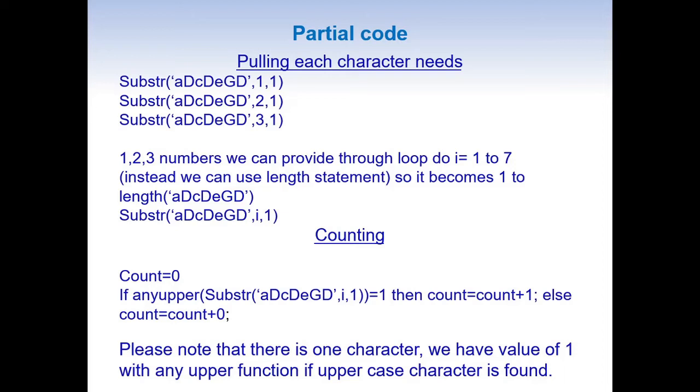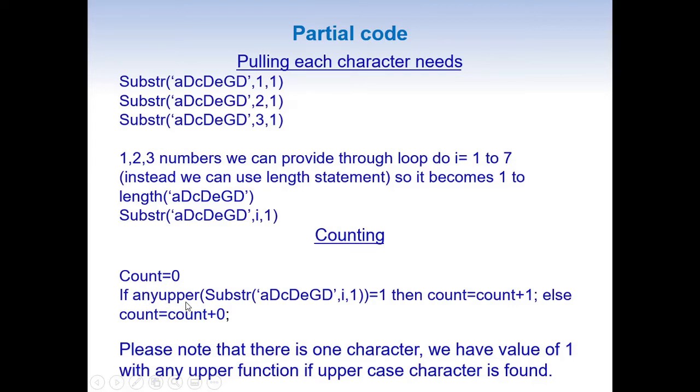Now let us get into the part of counting the uppercase letters. As I said, we start with count equal to 0. Then, as we extract each letter using the substr function, I'm also applying the any upper function on it. I'm extracting and then checking with any upper.